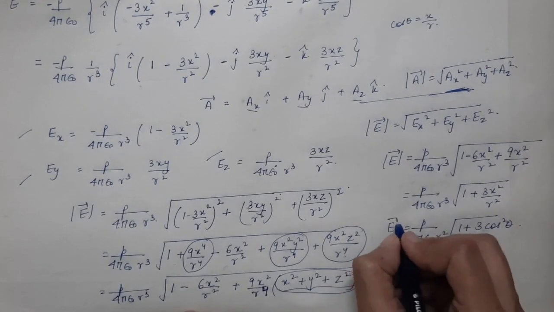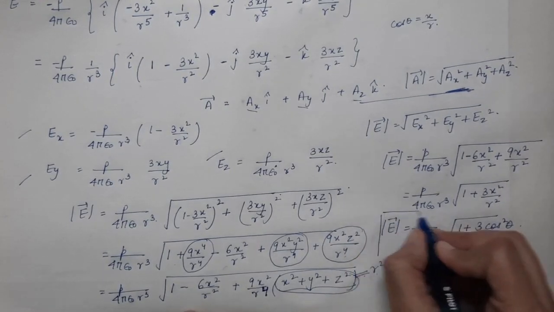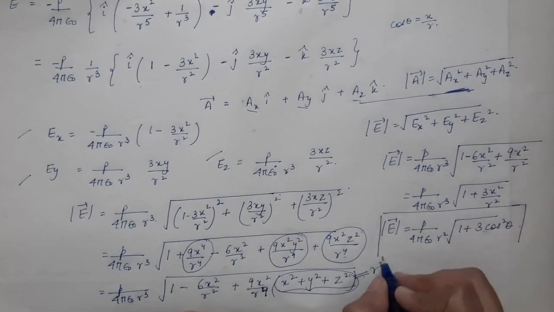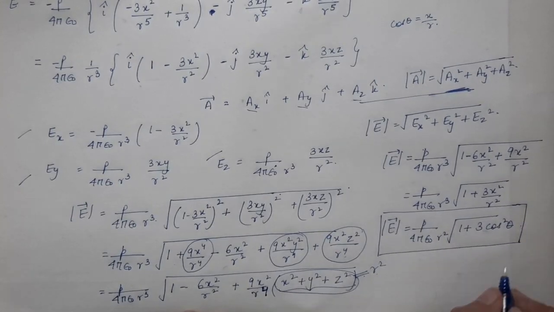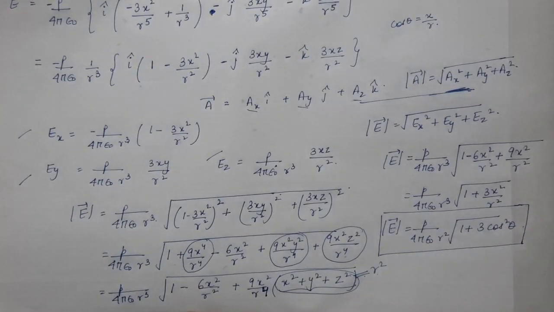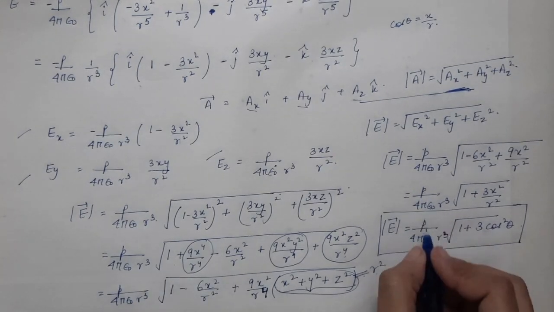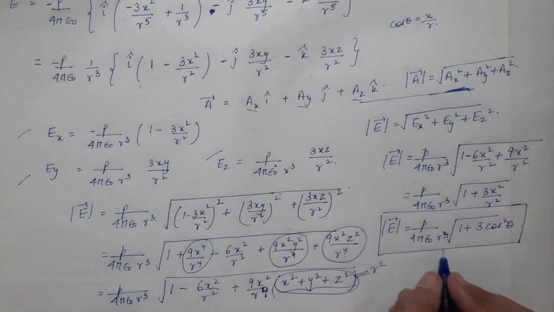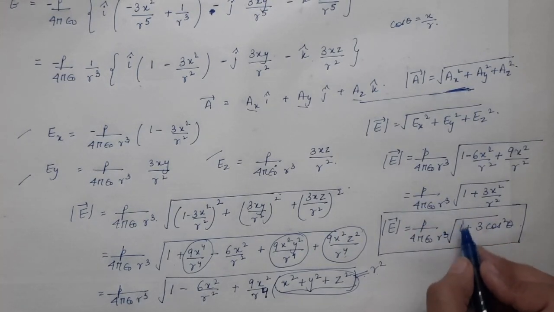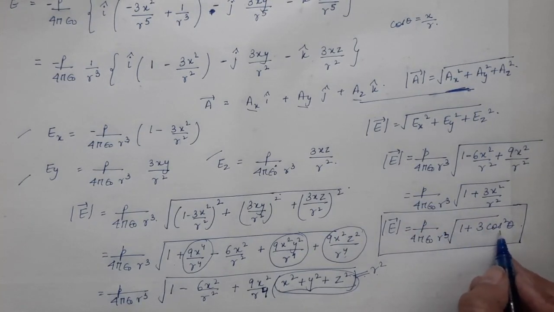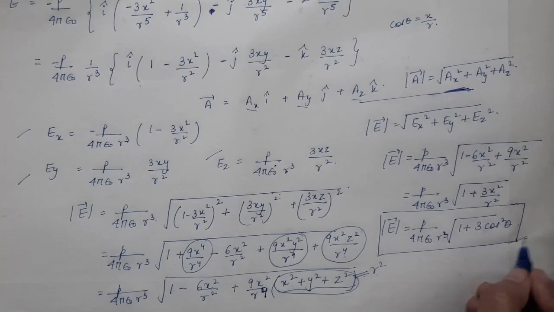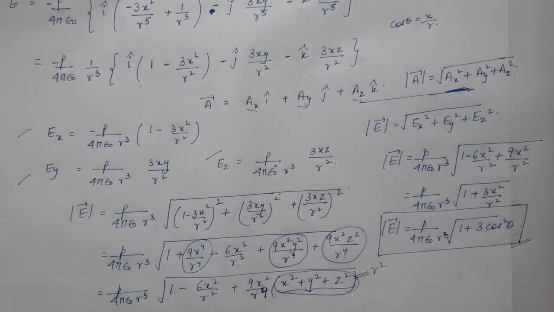So this is the final result of the magnitude of electric field intensity due to an electric dipole. So the term p by 4 pi epsilon naught r cube will remain as it is, and this will become under root of 1 plus 3 cos square theta.